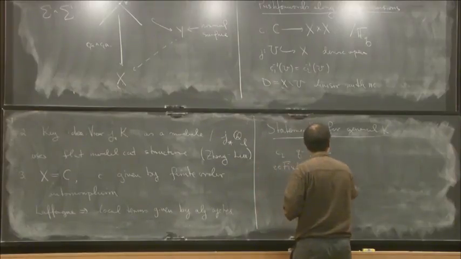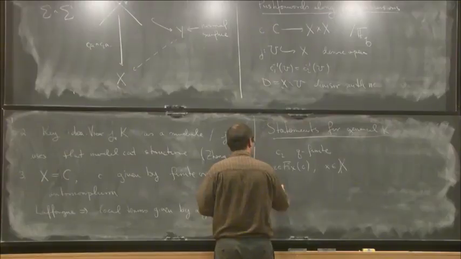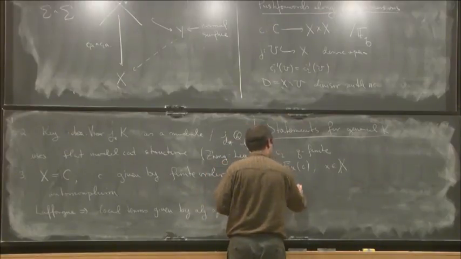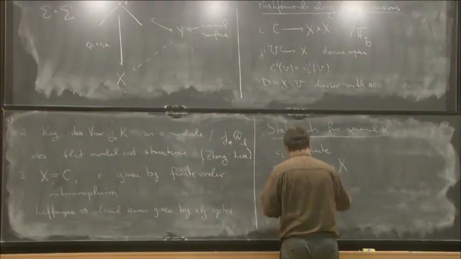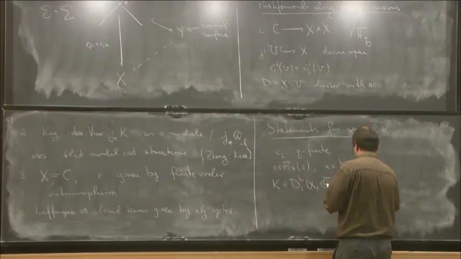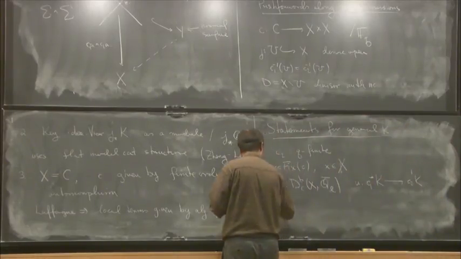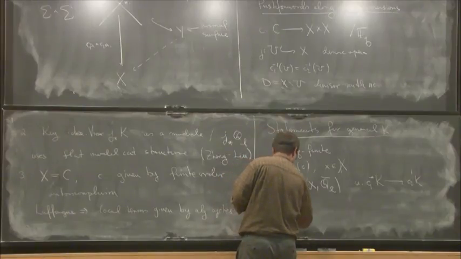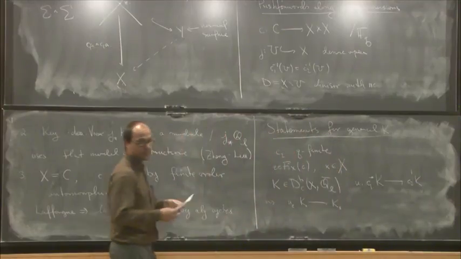Suppose we have a fixed point mapping to some x, and a K, and a map C1 upper star K to C2 upper shriek K. Then it induces an endomorphism of the complex Kx to Kx, and I can consider the trace.